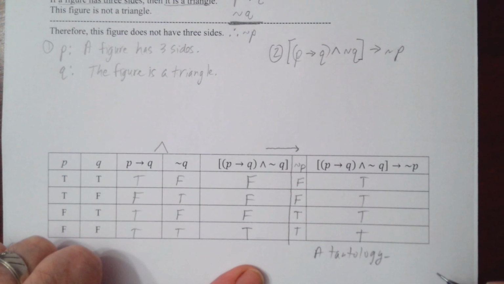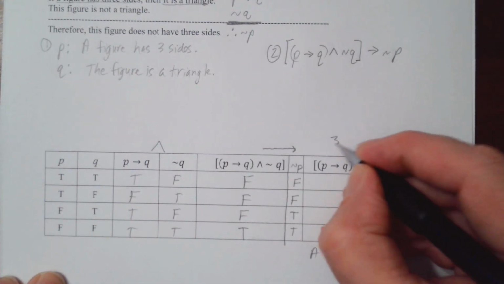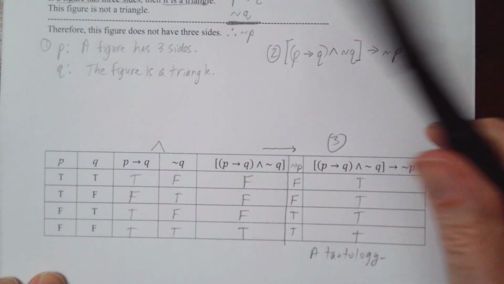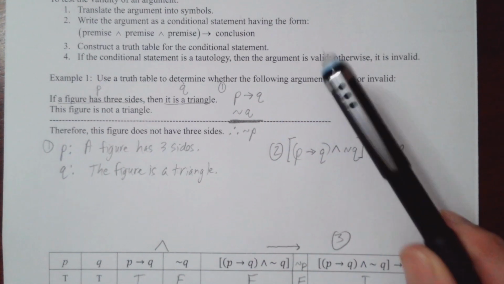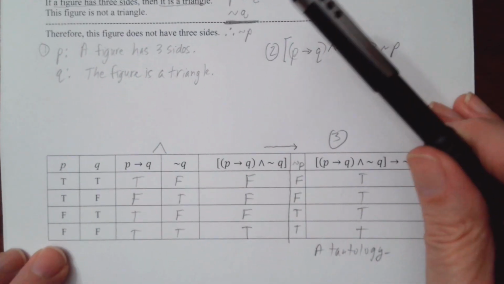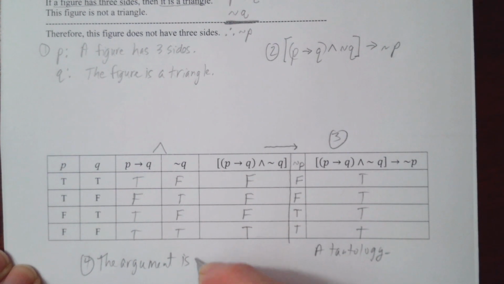And so, let's see, that was step 3. And step 4, if the conditional statement is a tautology, then the argument is valid. So in this case, we would say the argument is valid.